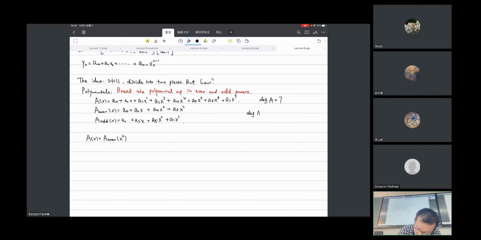But on the other hand, the degree of A even and A odd is actually 3. So basically we make a reduction on the degree of A even and A odd. We not only have this division in terms of the odd and even powers, but we can also divide the corresponding power by 2 here. And then in this case, we can write this, and write like this. Any questions?